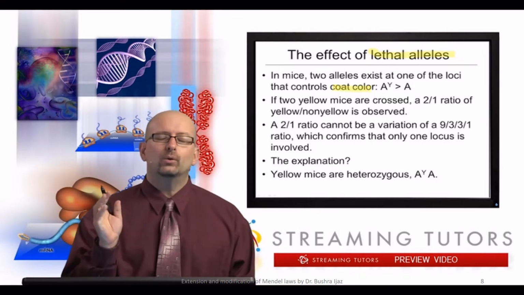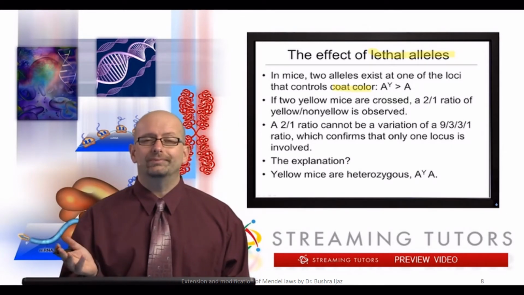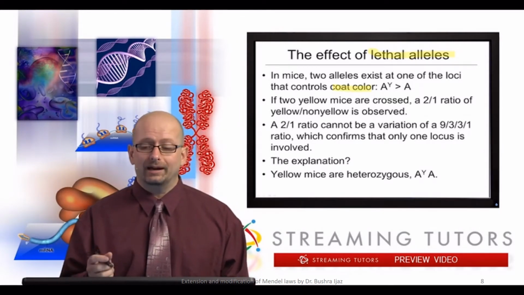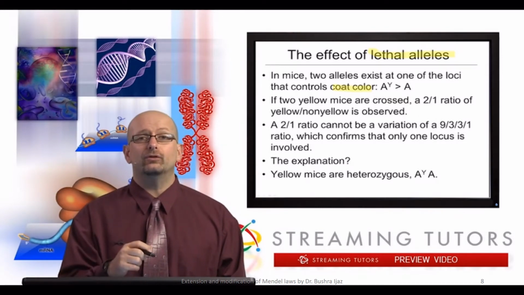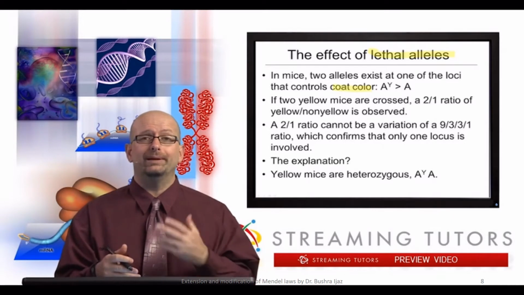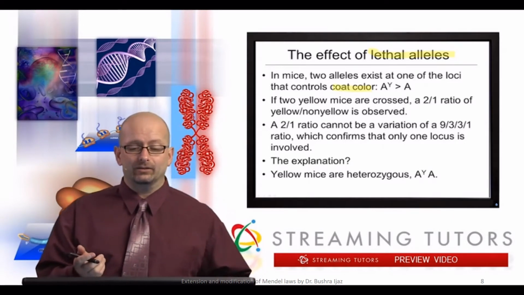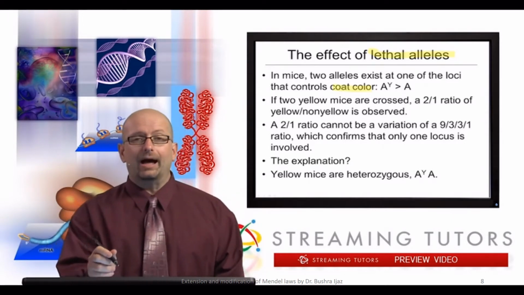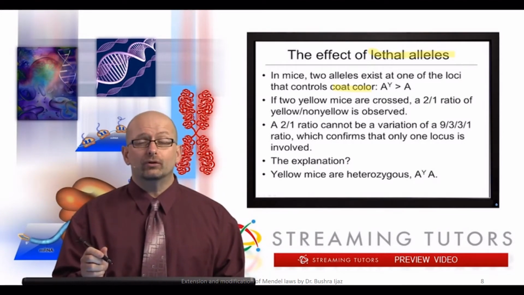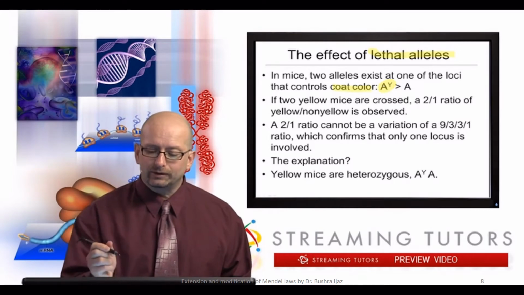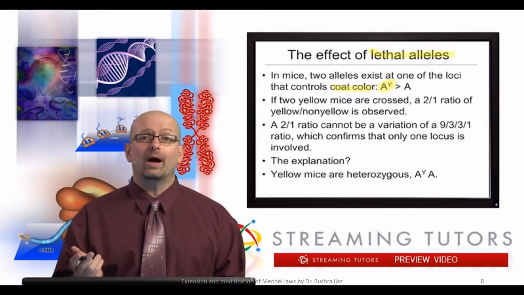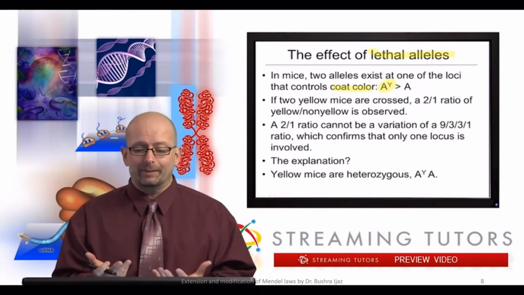Now, coat color in mice is actually a little more complicated than we've let on, but this is the same locus that we were talking about in a previous video that had to do with being agouti versus black, etc. So an allele was discovered that was actually dominant to agouti, and they called it capital A, capital Y to give the idea that it was dominant.